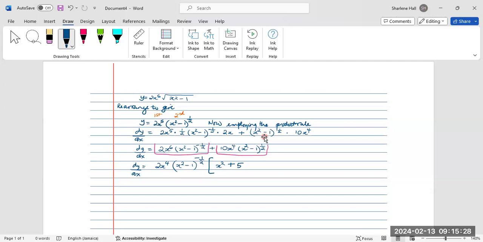Sir, this is a stretch, but could it possibly be 1 to the negative half? Okay, I like the stretch, but no. Think about it again.